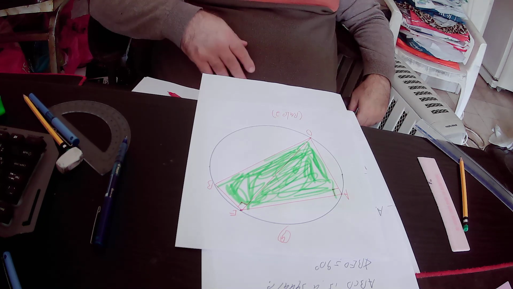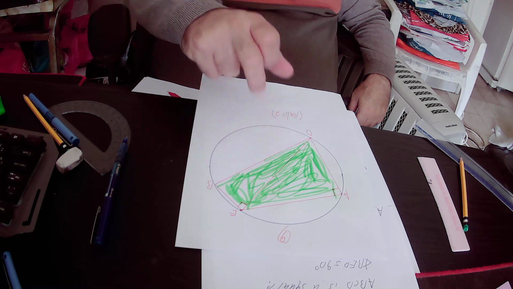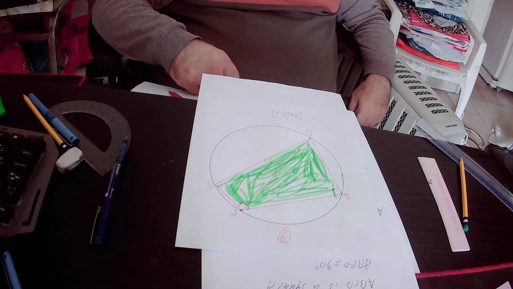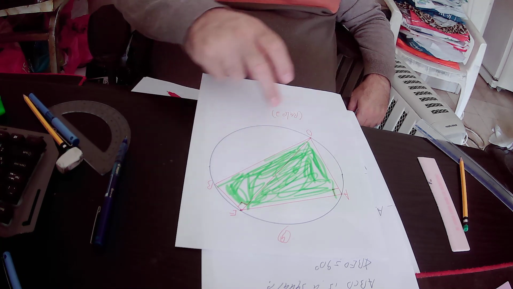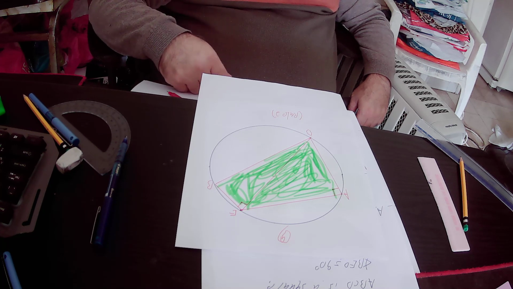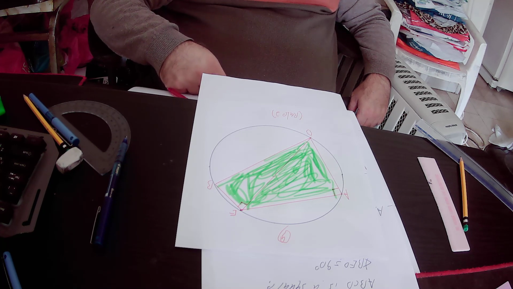And actually, DE is one diagonal of quadrilateral AEBD, and it also has a second diagonal.